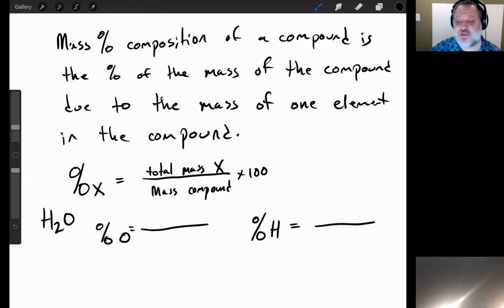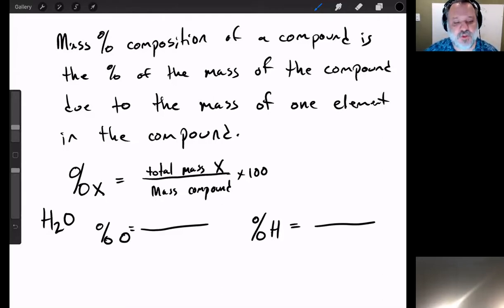What is the mass percent composition of oxygen and hydrogen in water? So remember that if I give you a compound, there will be a mass percent composition for every element in the compound. In water, it's easy because there's only 2 elements. But in compounds that have 5 or 6 different elements, there will be 5 or 6 different mass percent compositions, one for each element.